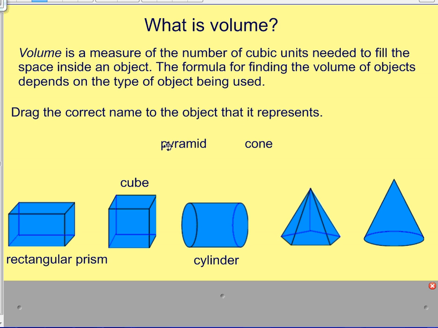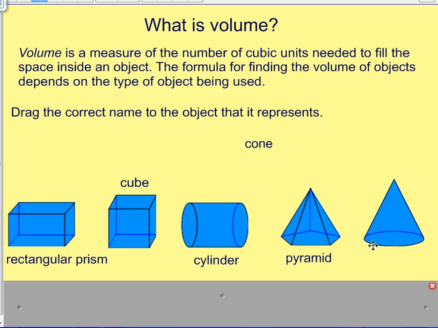All right, the next one, even though it has a pentagon for a base, because it comes to one vertex, one point at the very top, we know that it's a pyramid. More specifically, it would be a pentagonal pyramid, but pyramid works for this particular exercise.